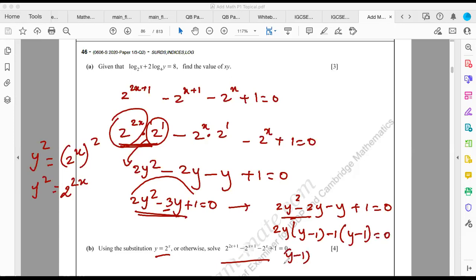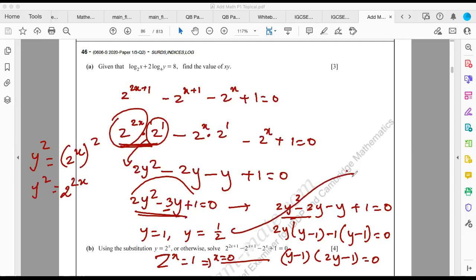You get (y minus 1) and (2y minus 1) equals 0. So either y is 1 or y is half. So either 2 to the power x is 1, which gives us x as 0, or 2 to the power x is 1 by 2, which gives us 2 to the power x is 2 to the power -1, which gives us x as -1 as the answer.